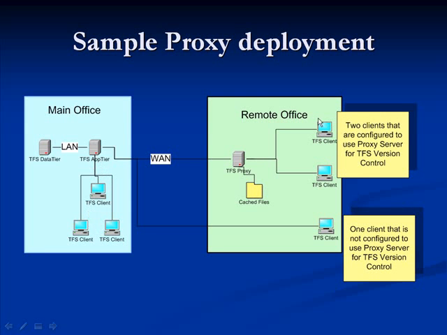But we also have an office at a remote location wherein a set of TFS clients needs to connect to the Team Foundation application tier, but they are constrained by a low bandwidth connection here. So we can install a proxy at the remote location, and then the clients can be configured to connect to the proxy.